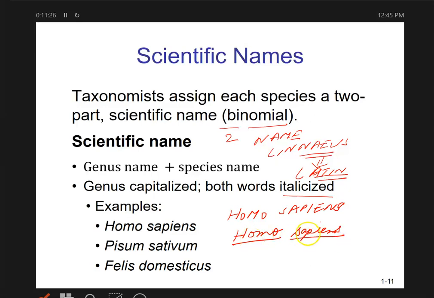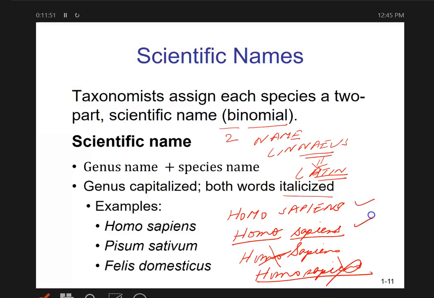So here again, Homo sapiens, H will be uppercase, everything else lowercase, separated, and you have to draw a line. Many students make this mistake. This is what they will write. Wrong. Also wrong. This is correct. This is correct. I guess with this we come to the end of our PowerPoint presentation.